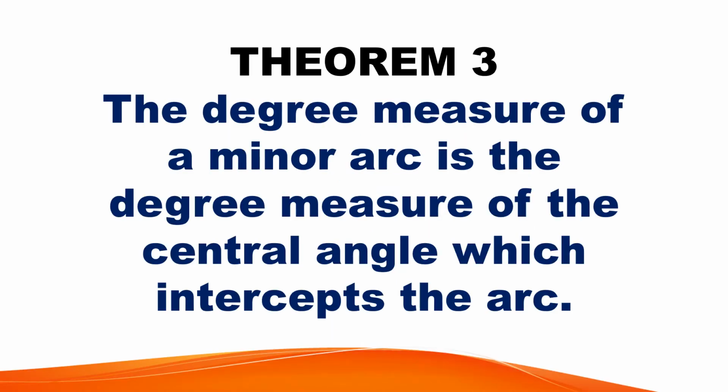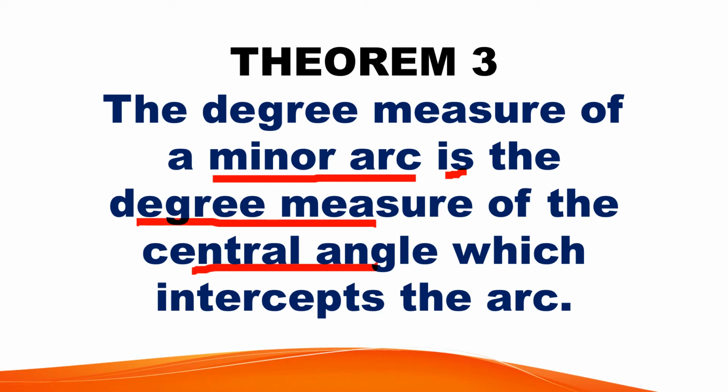Okay, let's go to theorem number 3. The degree measure of a minor arc is the degree measure of the central angle which intercepts the arc. Dito sa theorem na to, tandaan nyo yung minor arc is the degree measure of the central angle.